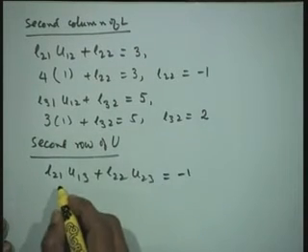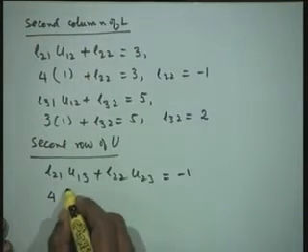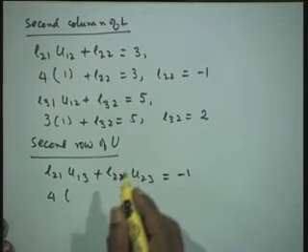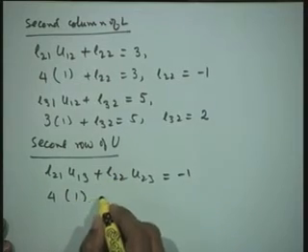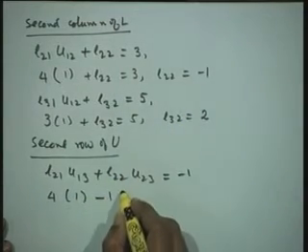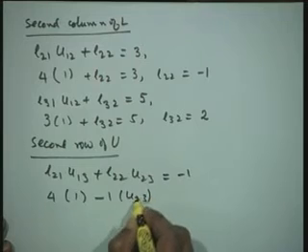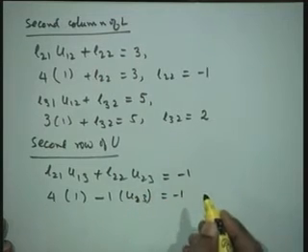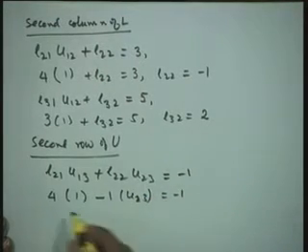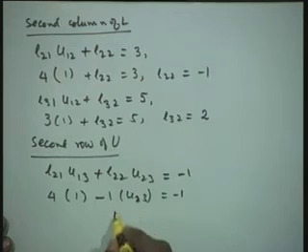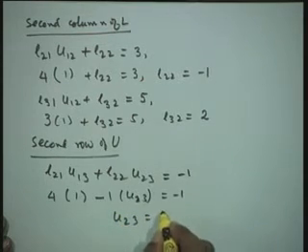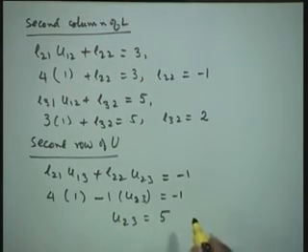Now, let us substitute the values: L21 is 4, U13 is equal to 1, L22 is minus 1, U23, the element to be determined. Therefore, 4 goes to this side, and I will have U23 is equal to 5. Now, the second row is complete. Now, we go to the third column of L.